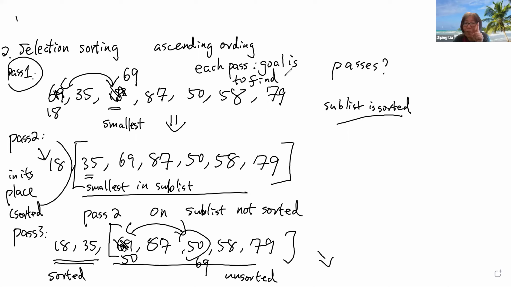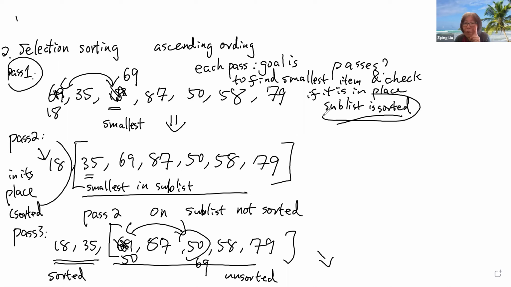Each pass, the goal is to find the smallest item, and check if it is in place. That's it. So we don't know if it's sorted or not, like in bubble sort.